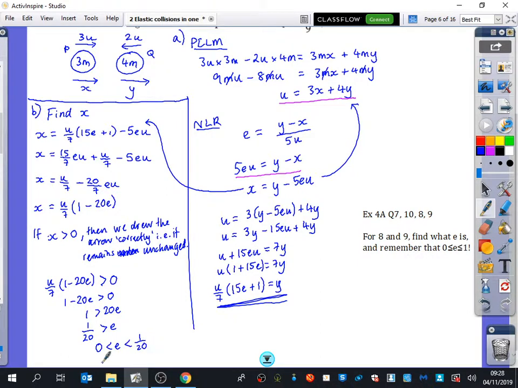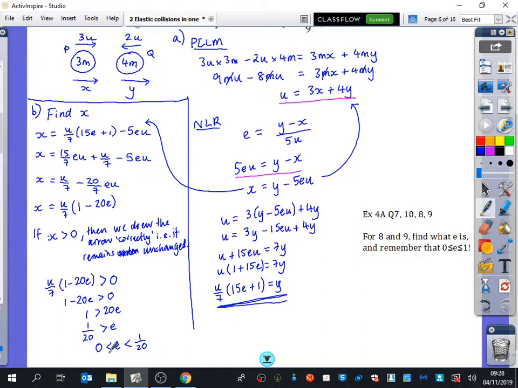It can't be equal to 0, because if it was equal to 0, would it have stopped? e can be 0 if they just, no, it can't be equal to 0. I don't think it can. I'll think about that.